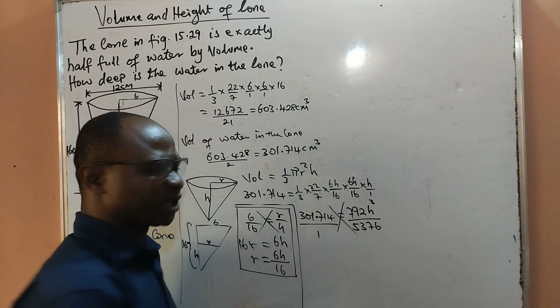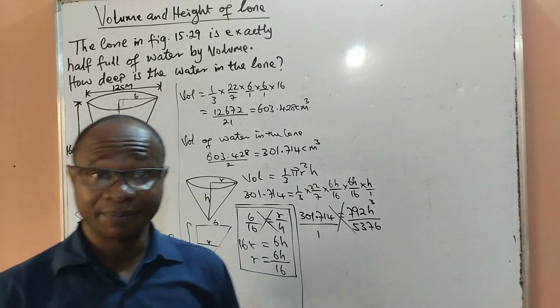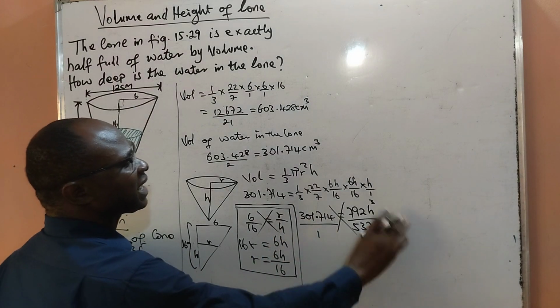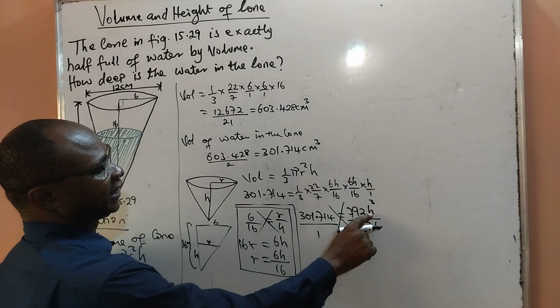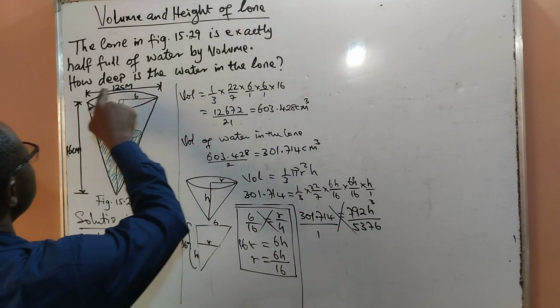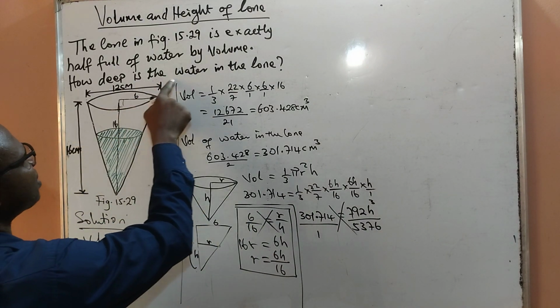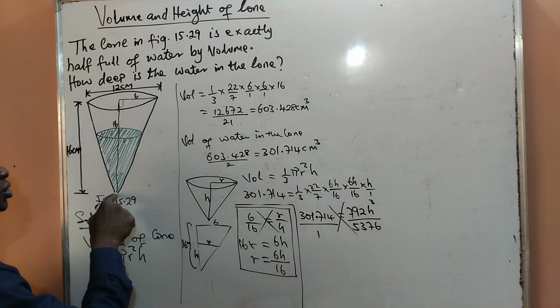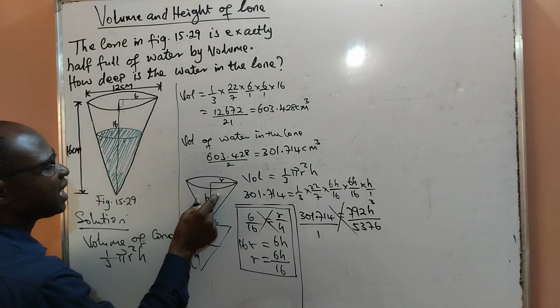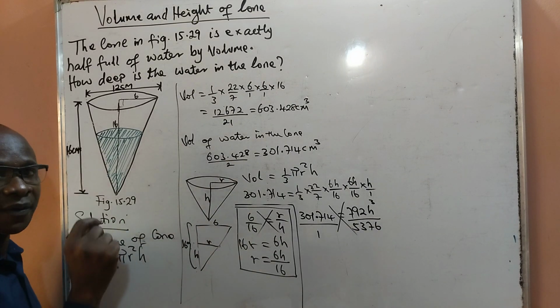I can do cross multiplication. You can now see what I am doing. From what I have here, the only thing left unknown is h. That is what the question says. How deep is the water in the cone? The height of the water in the cone, which I have redrawn here, is what I'm looking for.